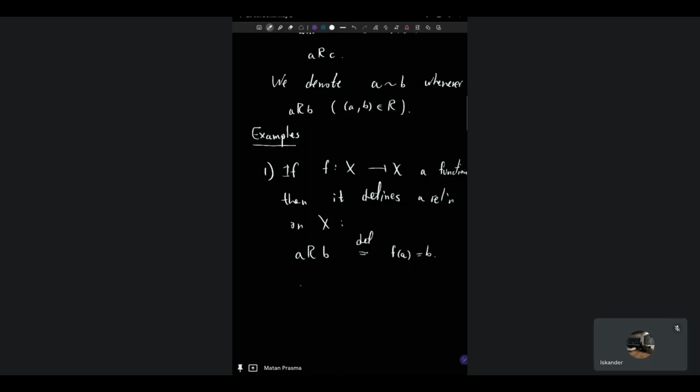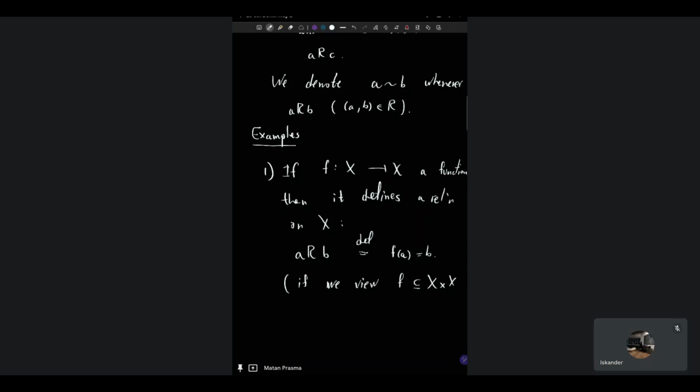In other words, we have actually defined a function as a subset of the Cartesian product of X with itself. So if we view f simply as a subset of X times X, then it is a relation.